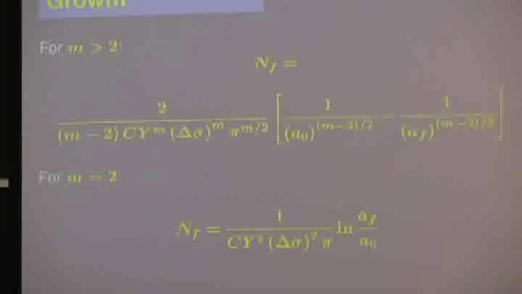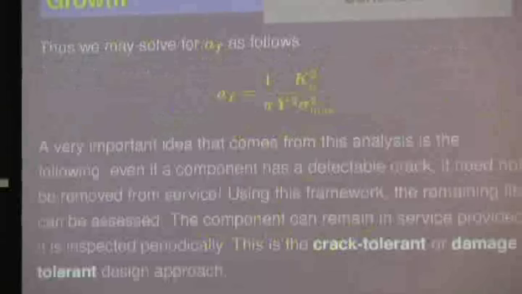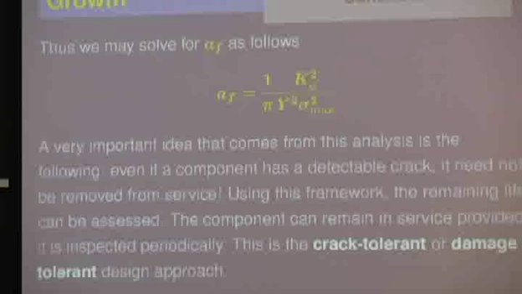Or you work it the completely other way around. If you happen to know what the stress intensity factor is, and I think there's another equation for that. Yeah. So if you know what your fracture toughness is, and your final crack length, I'm on slide 18, and you know your stress level, you can determine the stress level.